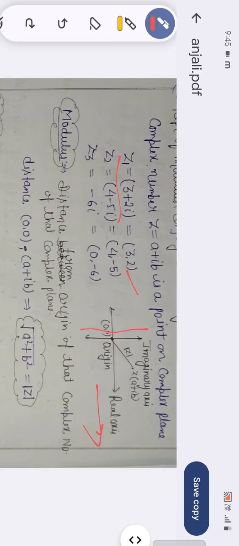And what is the modulus? Modulus means, in the Cartesian plane, the origin is the point 0 comma 0.